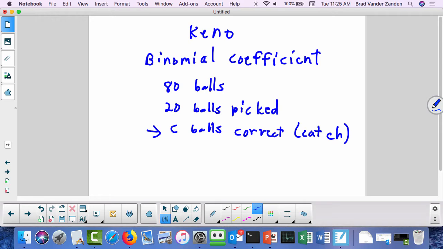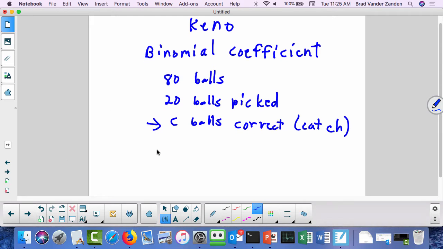The thing that you have to do to calculate probabilities is you have to calculate these so-called binomial coefficients. So if you haven't seen them before, they're often written something like this. Okay, with big parentheses with one number on top and one number on the bottom.